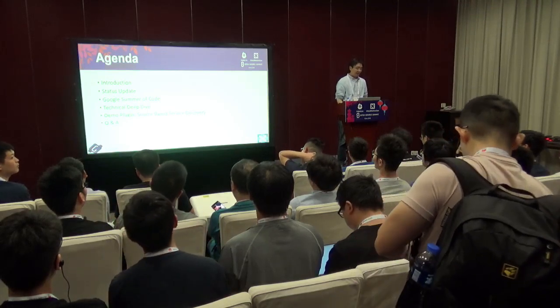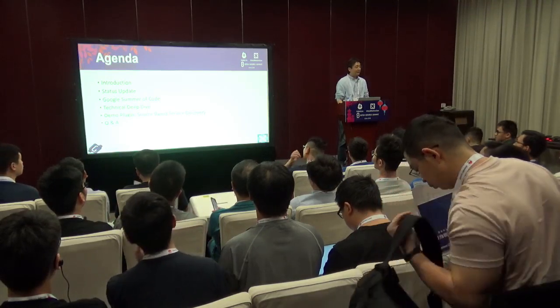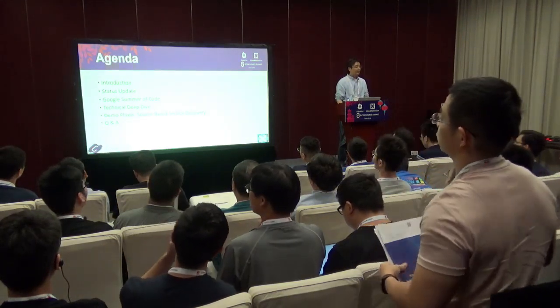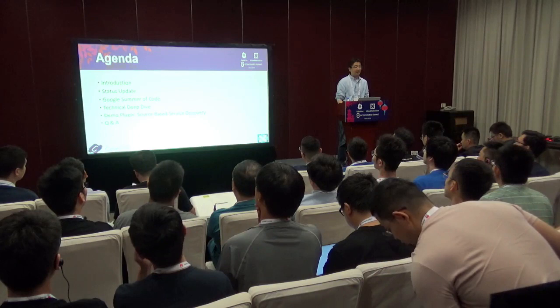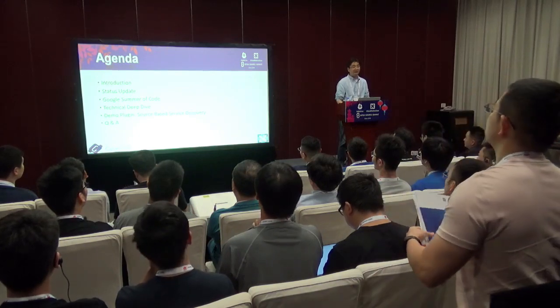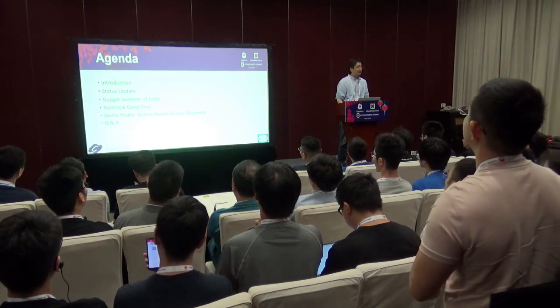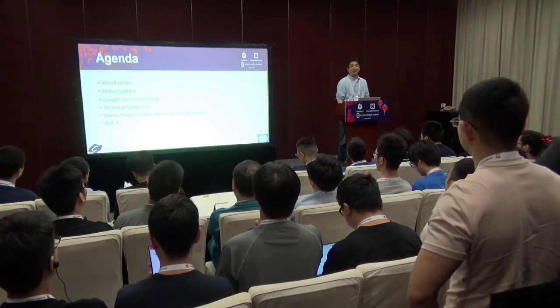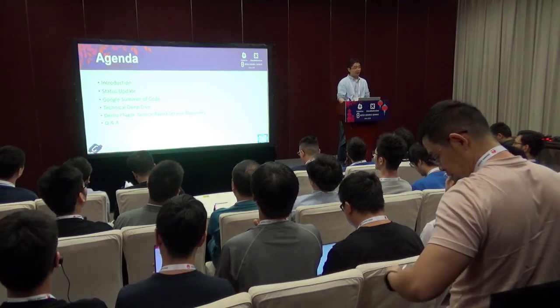At the end, I'm going to discuss a technical deep dive of CoreDNS. I'm also going to show you a demo of how to write a CoreDNS plugin in, let's say, 50 lines of code. Hopefully, anyone that's interested in writing a CoreDNS plugin can learn something and start contributing from now on.